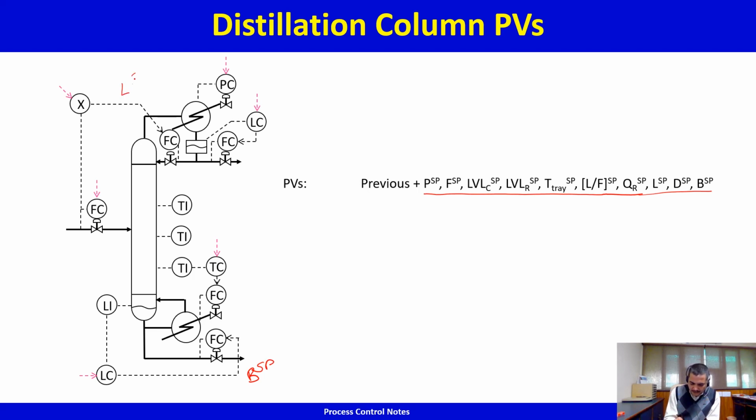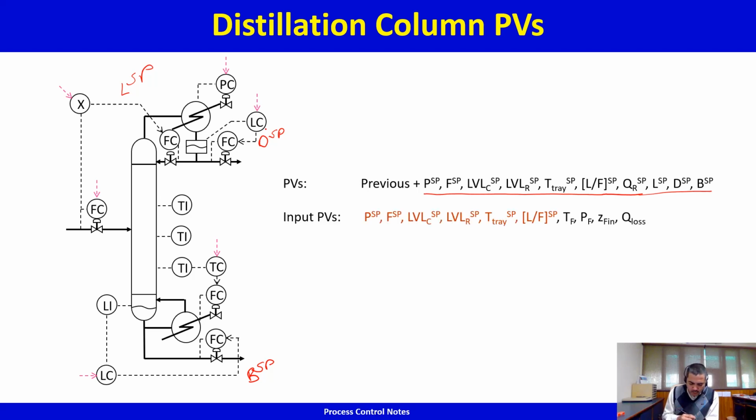This is LSP. This level controller is fixing the distillate flow rate set point. Okay. So all the set points due to the addition of controllers, these are additional process variables.